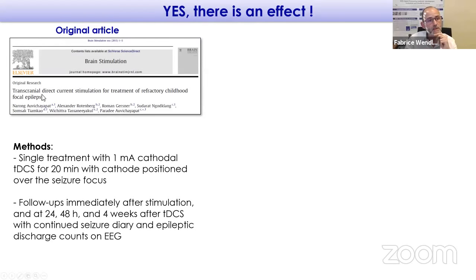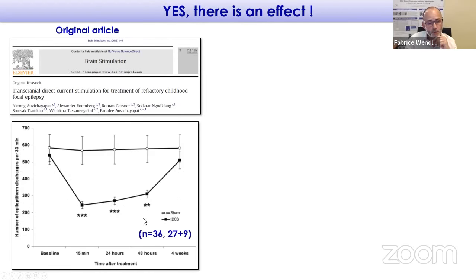For instance, this one, transcranial direct current stimulation for the treatment of refractory childhood focal epilepsy. They used a specific protocol. I will just show you the main results. There were two arms in this study. 27 kids were stimulated using actual stimulation, tCS, and the other arm was 9 children receiving sham stimulation. They counted the number of epileptiform discharges at the level of the EEG in the two groups.